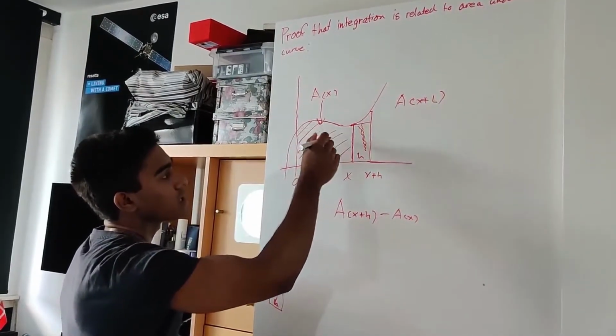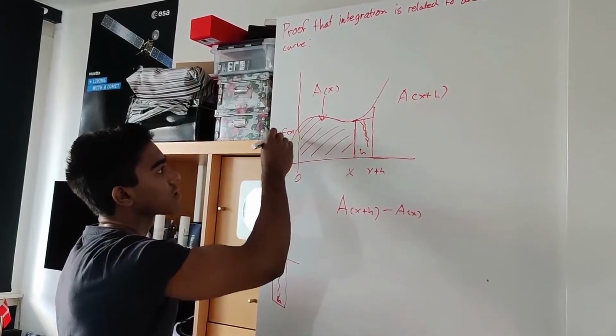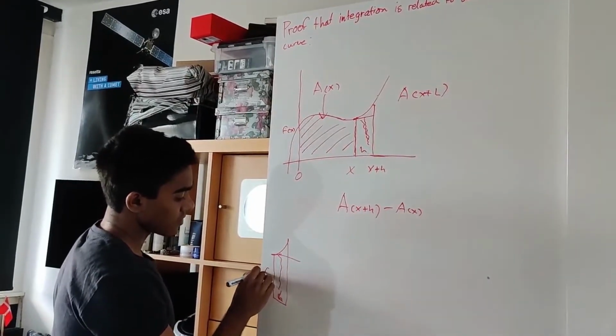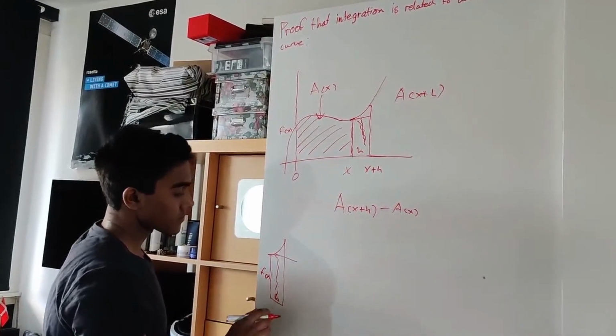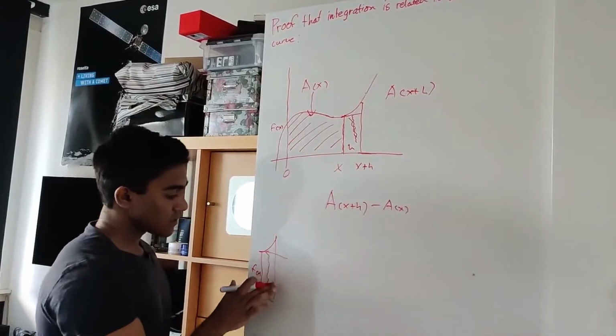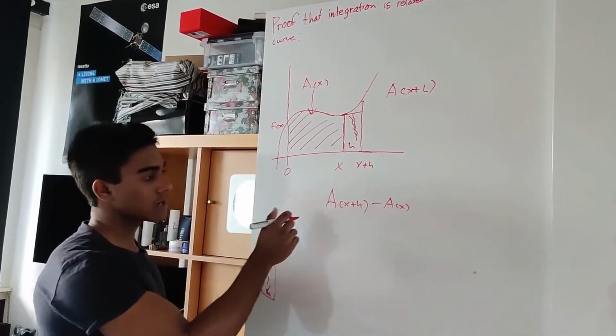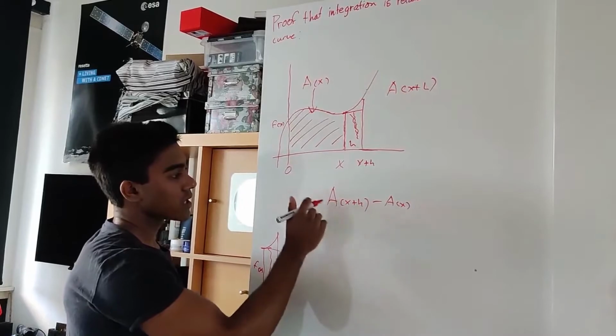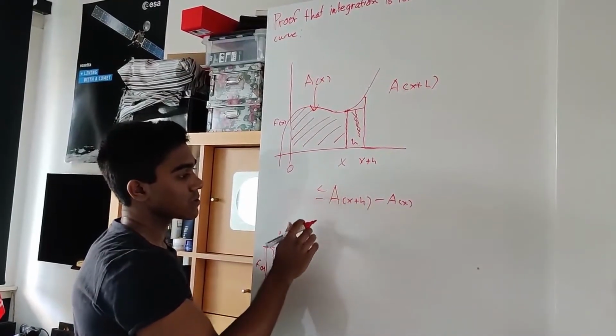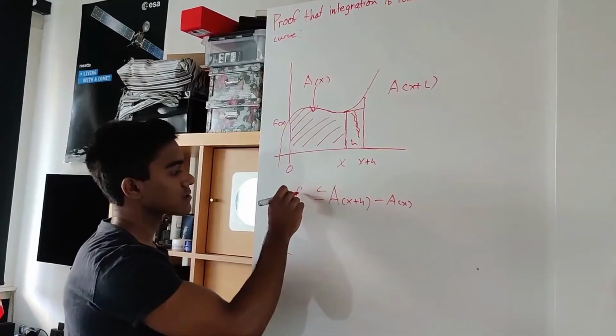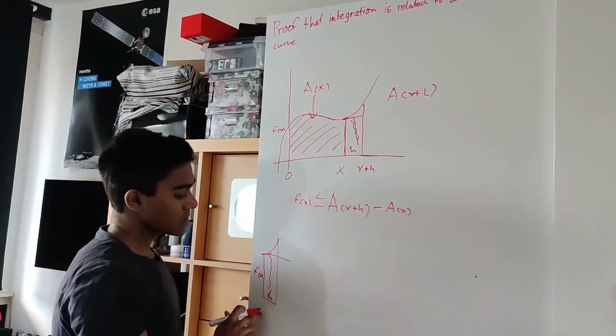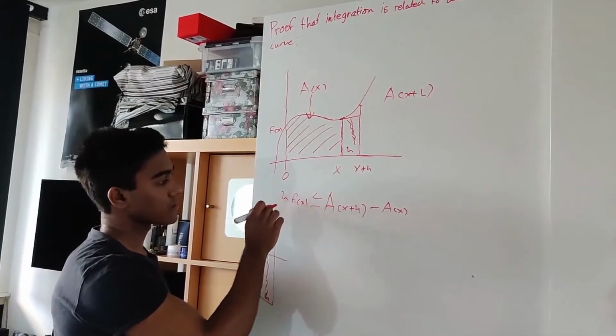So this point right here is going to be f of x, and this height is therefore going to be called f of x. So what we see is that because there's still a part sticking out, we know that the total area must be greater than or equal to f of x times h, because it's a simple rectangle.